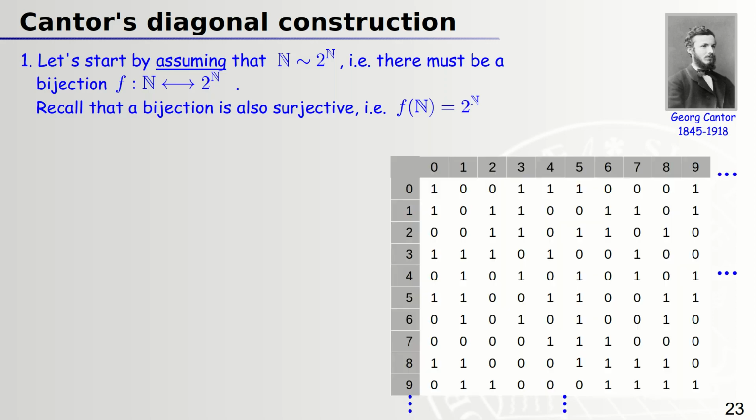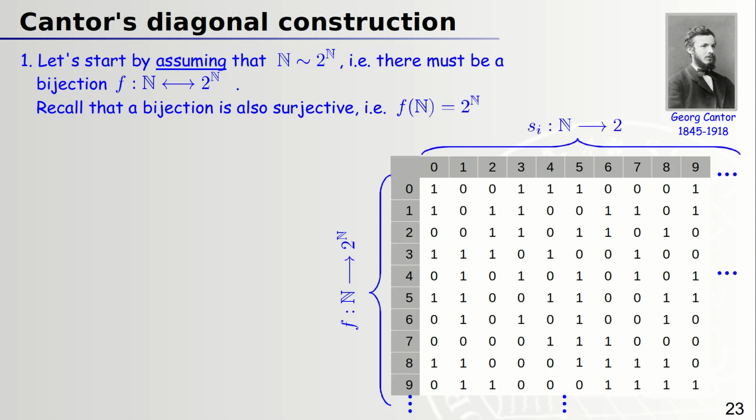This is how we can represent f as a table of infinitely many rows and infinitely many columns. Each row corresponds to the one mapping by f to an infinite sequence. The row labeled 0 maps 0 to the sequence following it, then the row labeled 1 maps 1 to its sequence, and so forth.